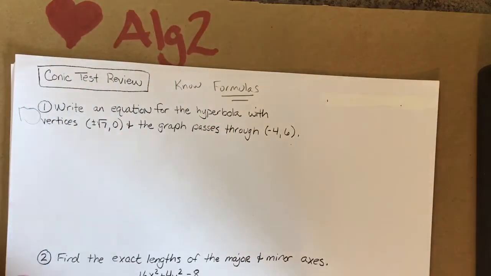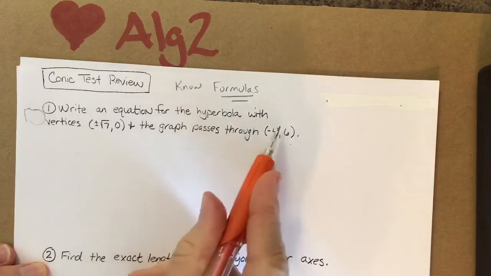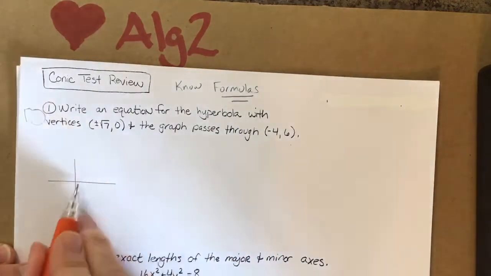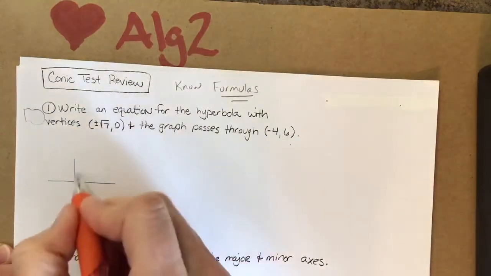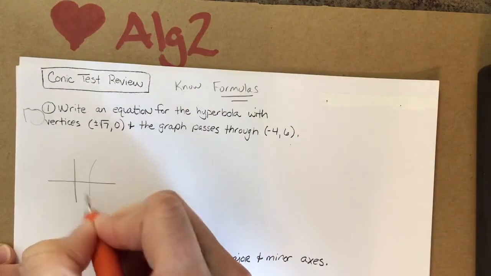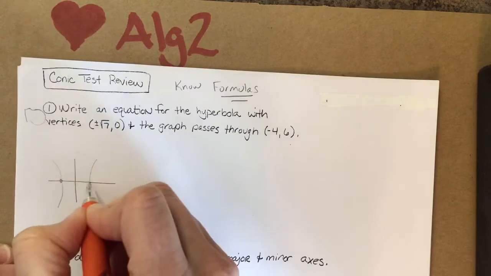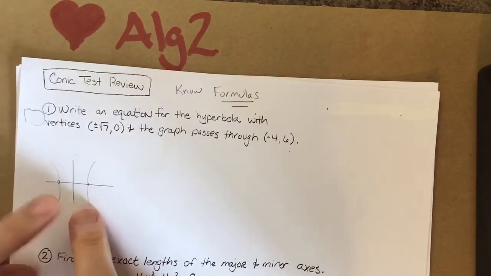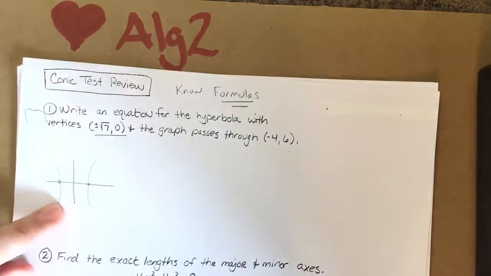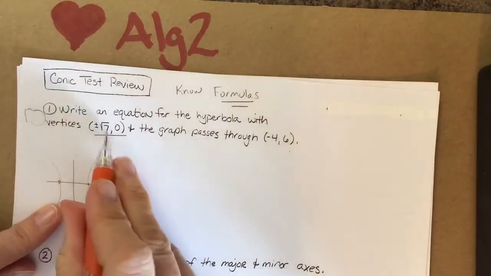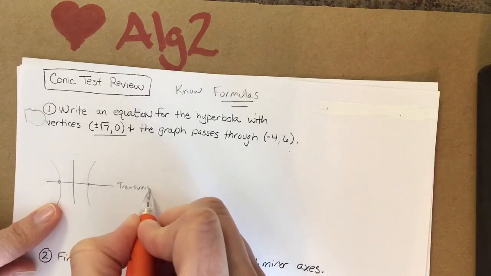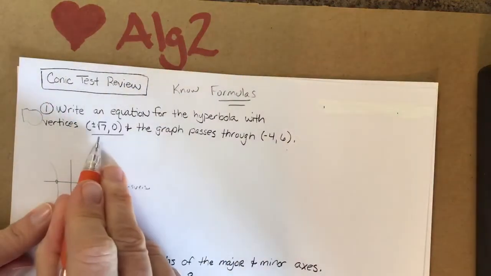An equation for a hyperbola with vertices positive, negative square root of 7, 0. I have no idea how wide it is. But why did I just draw that for the vertices? Well, I need to know the transverse axis, and it's the x.